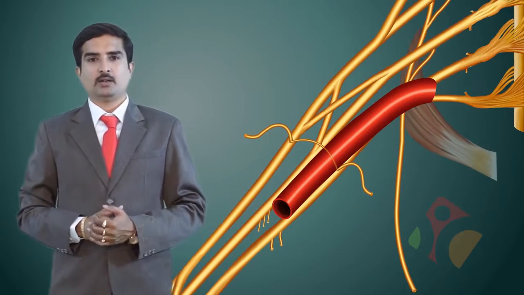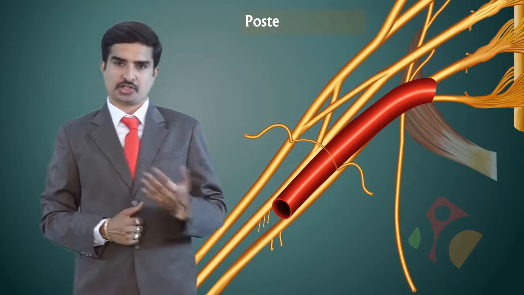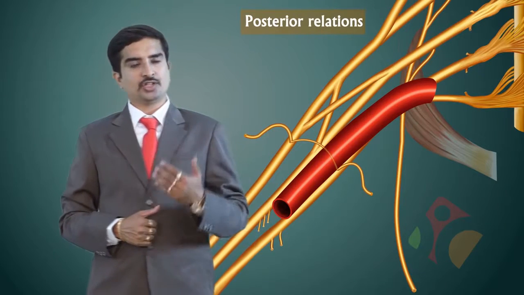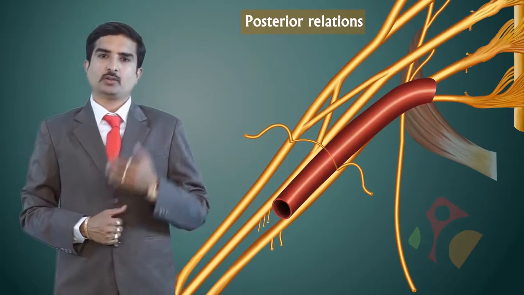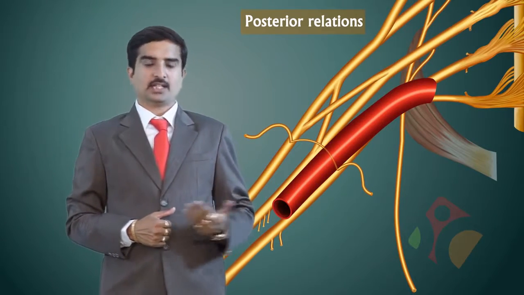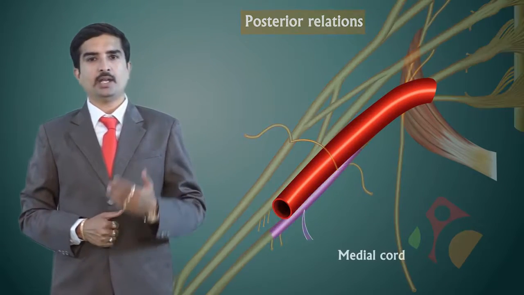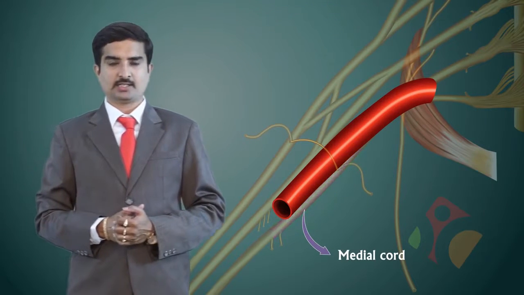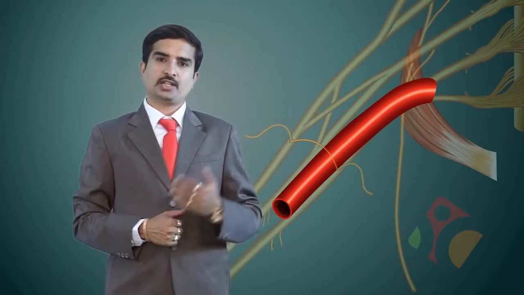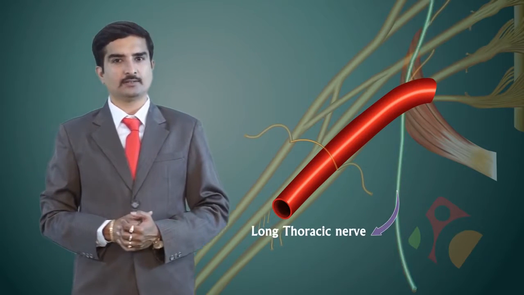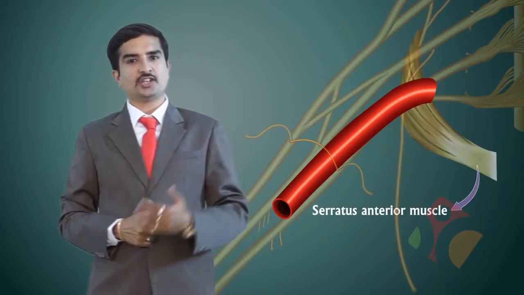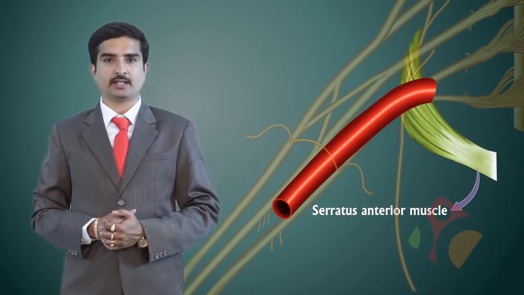Next, let us see the posterior relations of the first part of the axillary artery. In the posterior aspect, it is related to the medial cord of the brachial plexus. Not only that, posteriorly we have two other structures: the long thoracic nerve and the first digitation of the serratus anterior muscle.